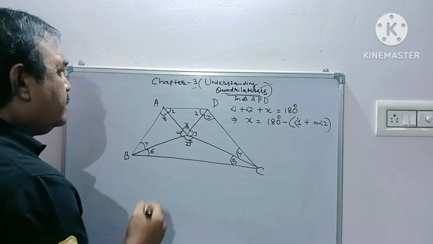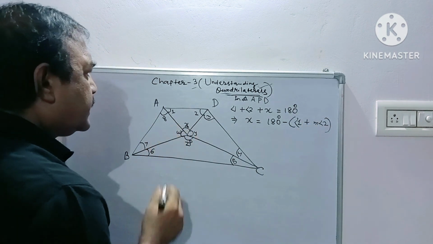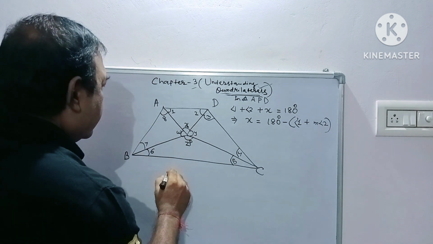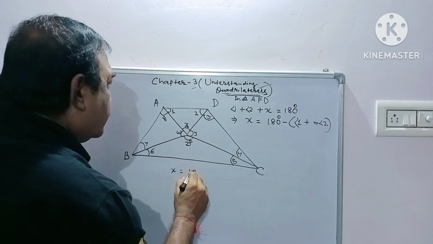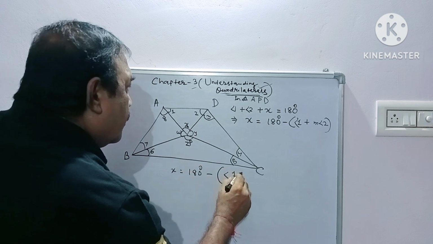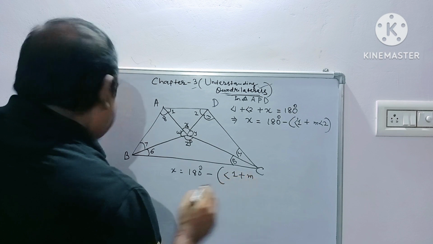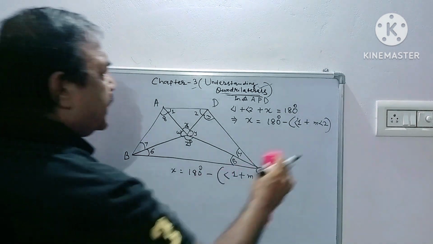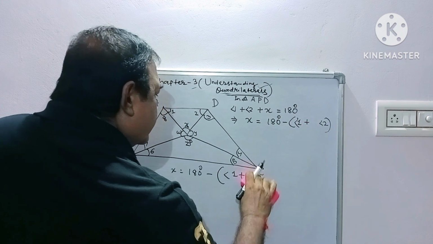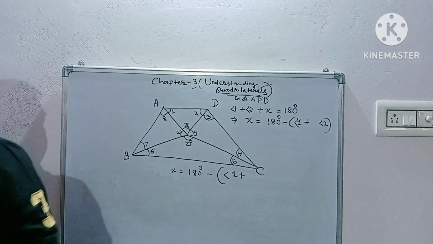Like this, we can also prove, you see, X is equal to 180 degree minus angle 1 plus angle 2. No need to write here measure, no letter has been given here, using the number we are writing.